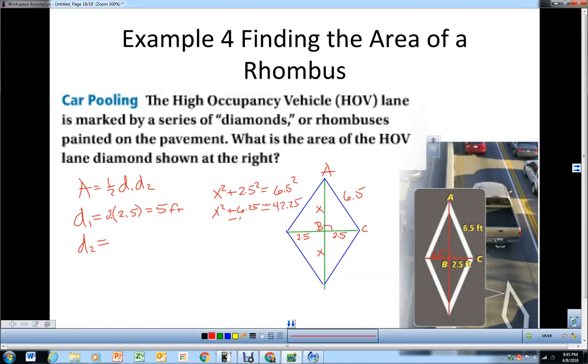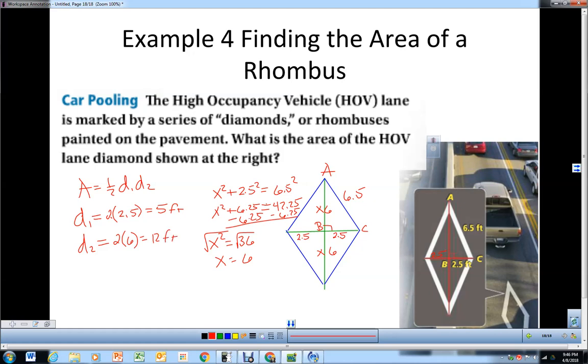Now we're going to subtract 6.25 on both sides. That gives us that x squared is equal to 36. Now we'll take the square root of both sides, and x is equal to 6, which means that this length is 6, which means this length down here is also 6. So 2 times 6 gives us 12 feet.